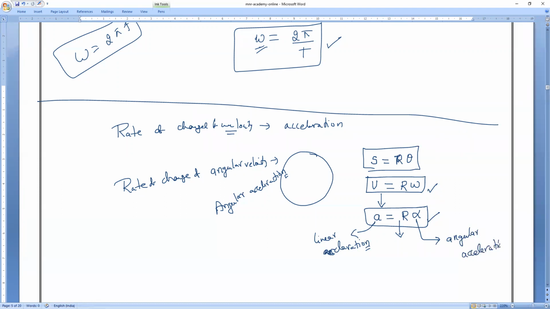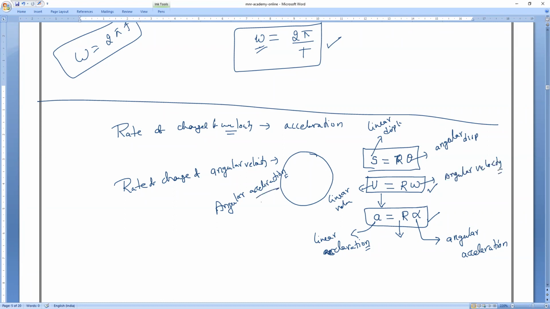S is called linear displacement, and theta is called angular displacement. V means linear speed, linear velocity, and omega means angular velocity.